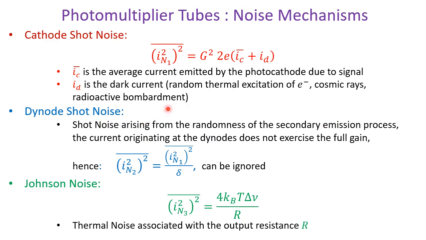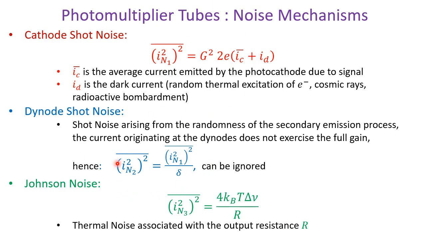But you see that this is being created at the various dynodes, okay? And so the current arising out of this shot noise is arising somewhere midway in the path. It is arriving at the first dynode, the second dynode, the fifth dynode, and the ninth dynode. So if you look at the total contribution of this dynode shot noise, it happens to be 1 over delta times the cathode shot noise, okay?